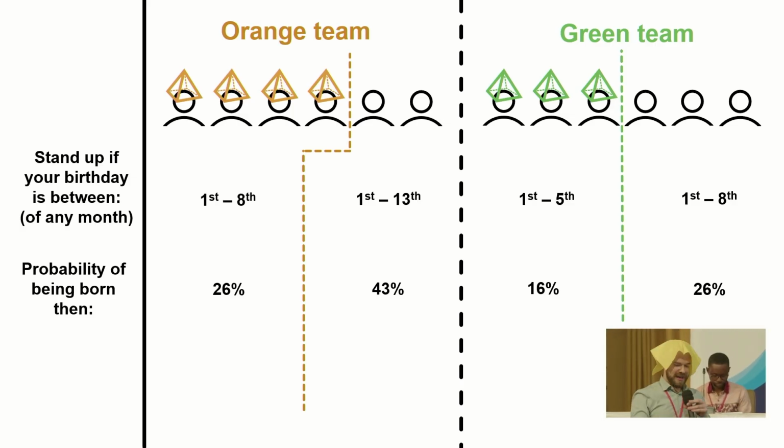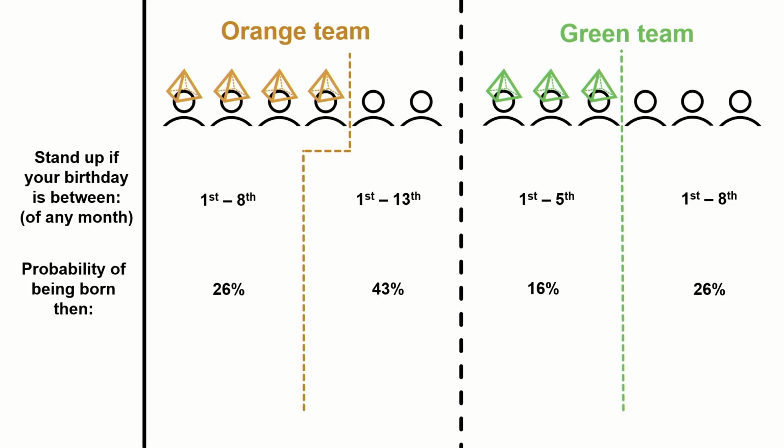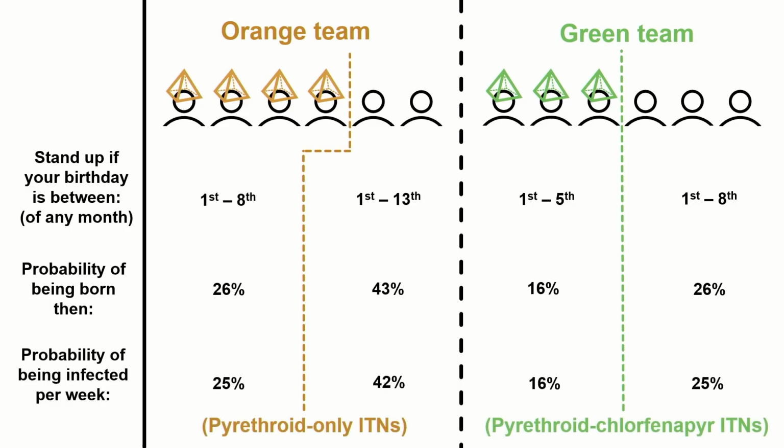So, why did I get you all to stand up in that way? Can I have the next, please? Okay. So the reason I did that, they are roughly the probability of being infected in each of these groups per week, 6 months after distribution, if the orange ITNs were pyrethroid only and the green ones were pyrethroid chlorfenapyr.